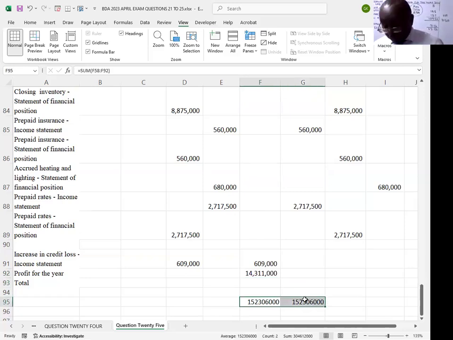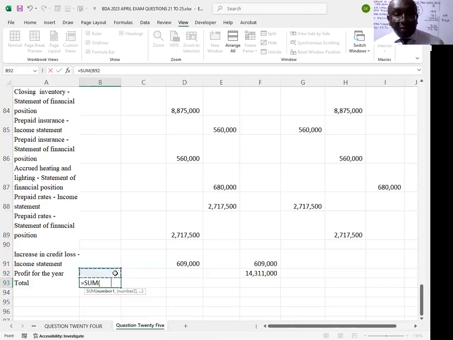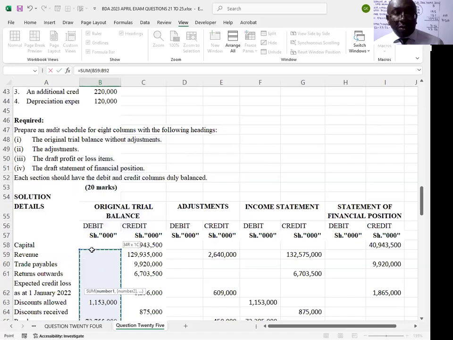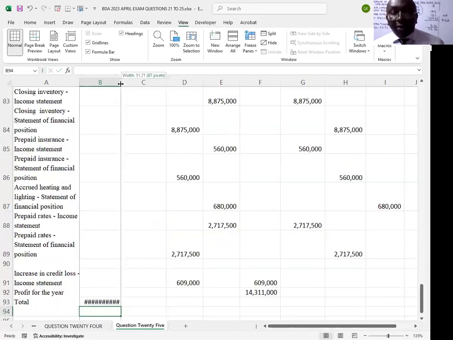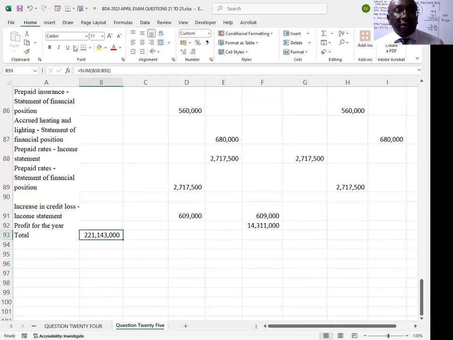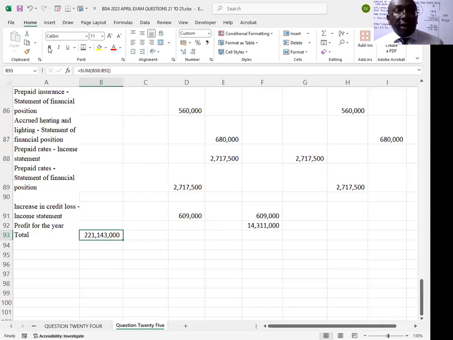So this one I can do away with them. So now I come here and look for the total in the original trial balance. I say equals the sum. So I'm summing from here upwards up to there. I close the bracket. This one we had gotten it. So I just now come here, give it a double bottom line and bold.